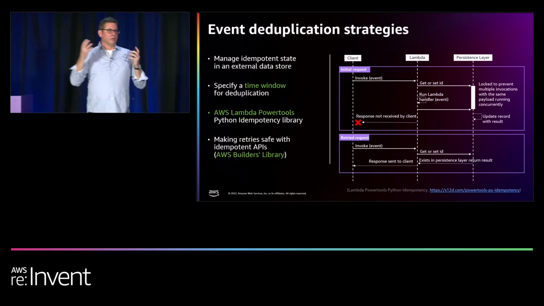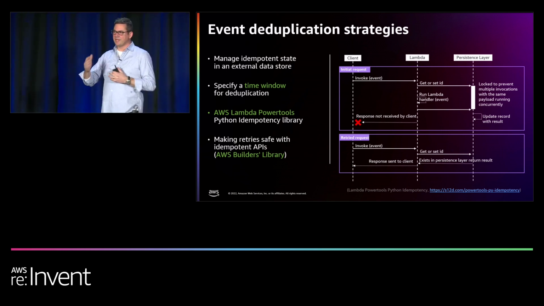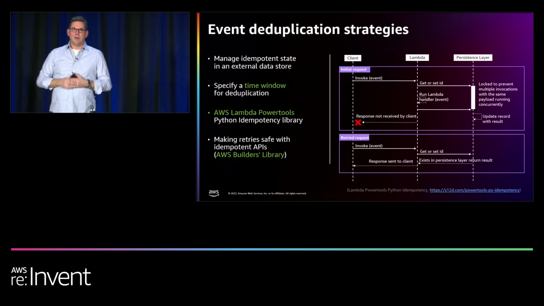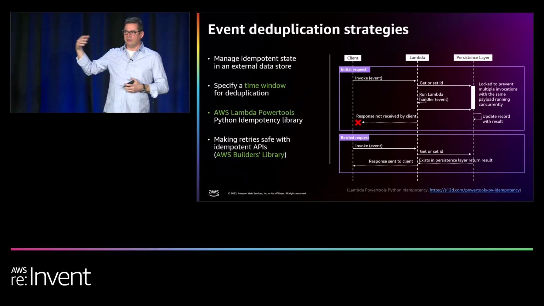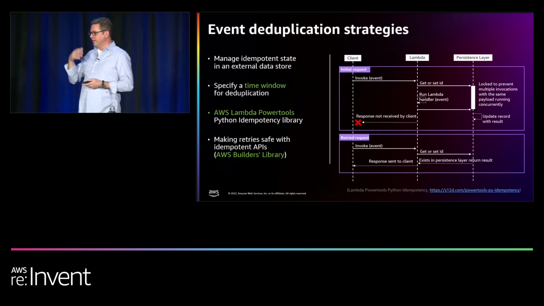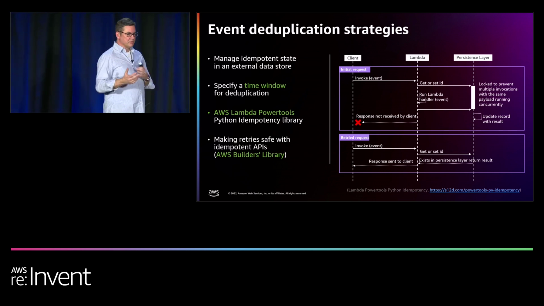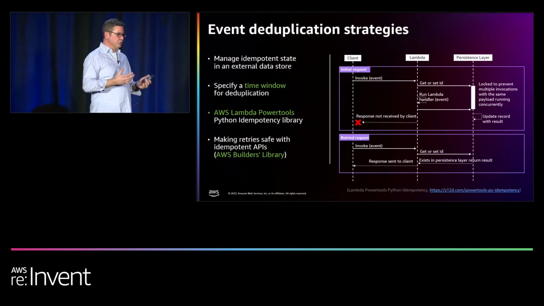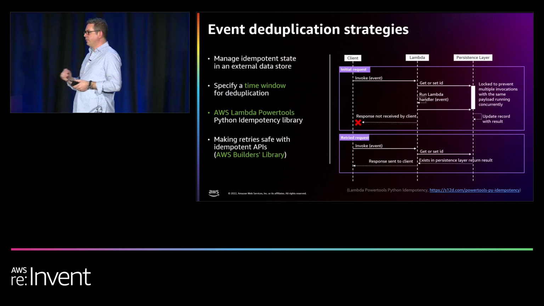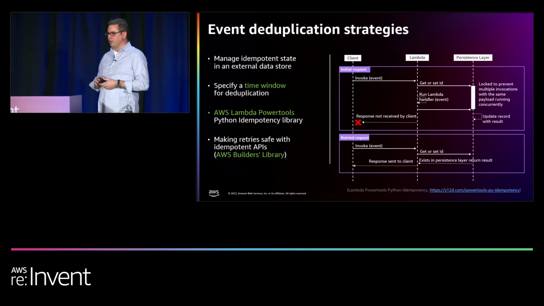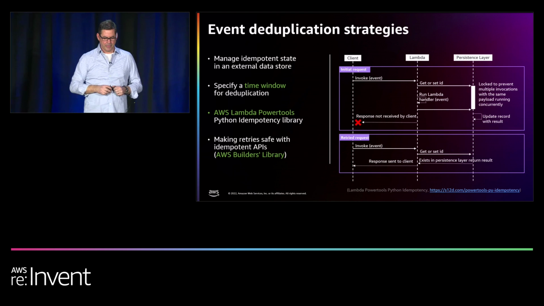The utility records the fact that it's receiving an event with an idempotency key, registers that in an external data store, processes the event, and then makes sure that the response is persisted before a response is sent. In the event that the response is not received by the actual producer, the producer is likely to resend the event with the same idempotency key. And the utility checks the data store to see whether or not the idempotency key exists and returns the result without having to do any further processing.